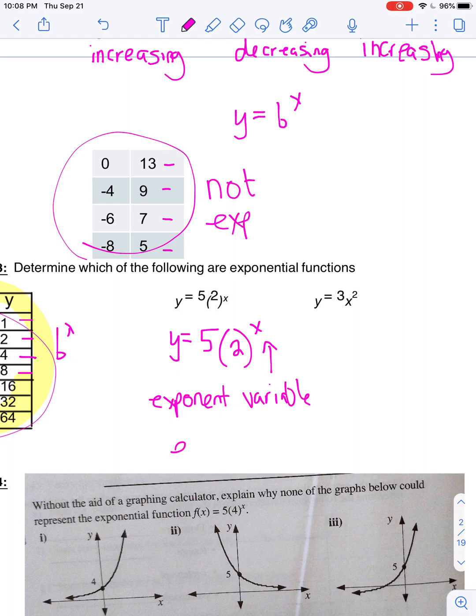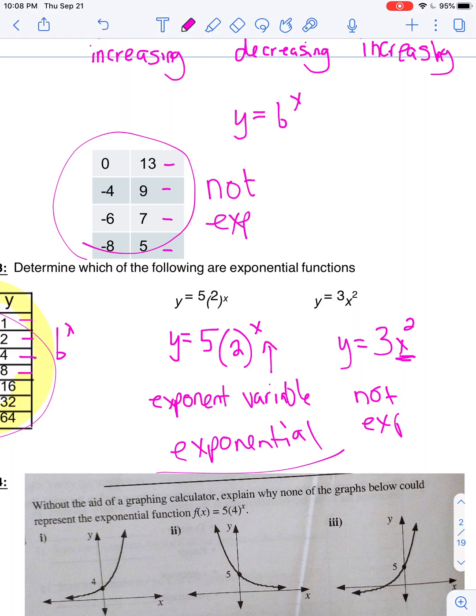So yes, it's exponential. And then over here, sometimes they like to trick us, but even though we have an exponent, it is the number 2, an actual number, and the variable is the base, so that means it's not exponential, because our exponent would have to be the variable.